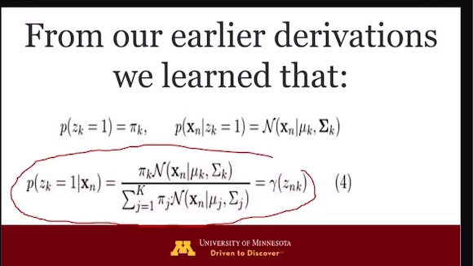If you look at equation 4 now, that is the posterior density. The way we assign objects, we assign an object to the group with the highest posterior, and that is how we arrive at the posterior density I've been showing you.